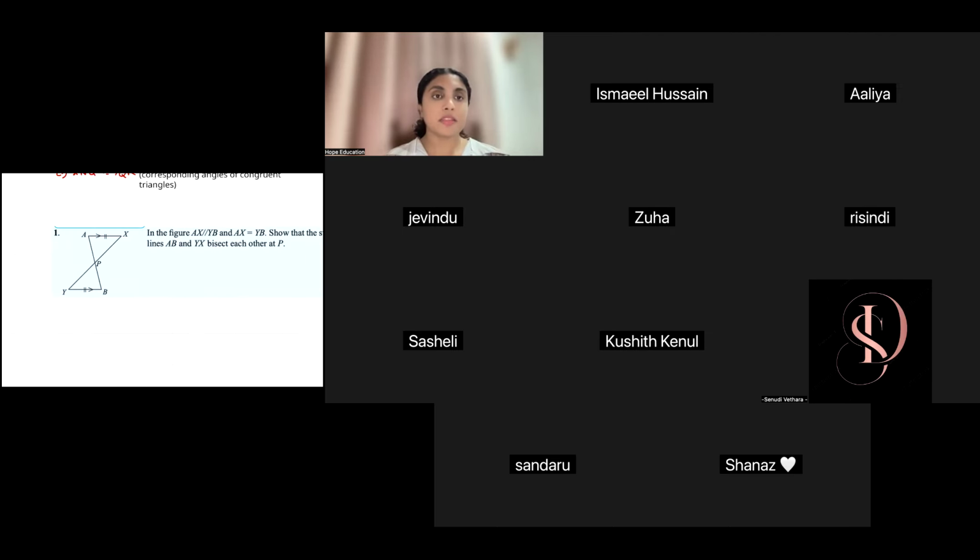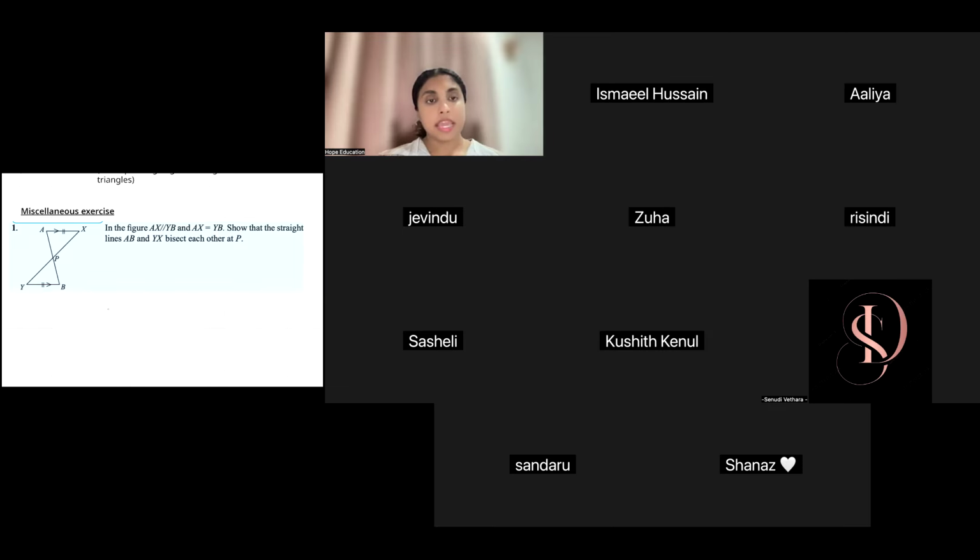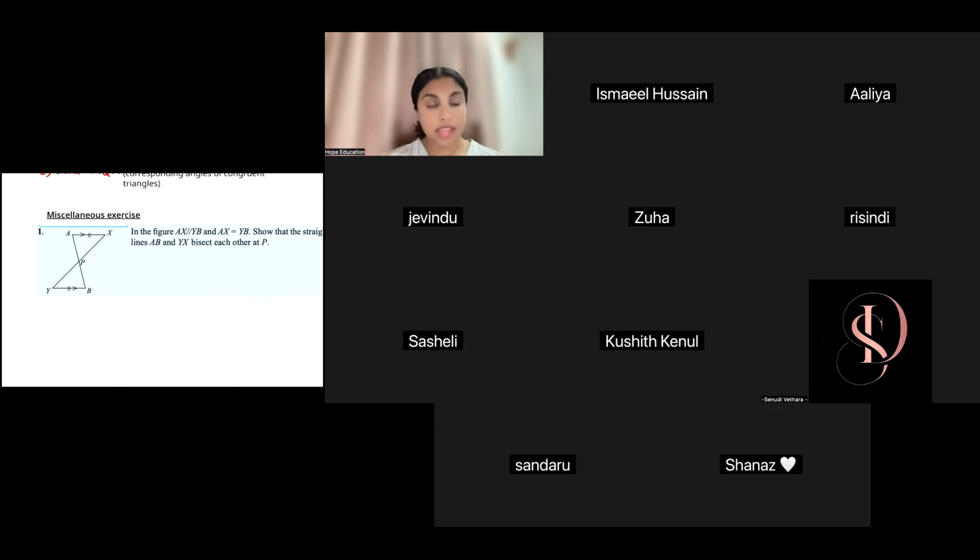Okay. This is the miscellaneous exercise. In the figure, AX is parallel to YB. They have marked that as well. Show that the straight lines AB and YX bisect each other at P. So that's what we have to show.